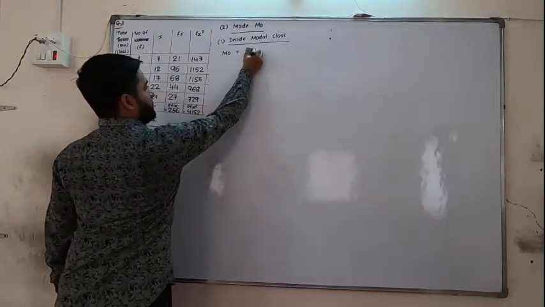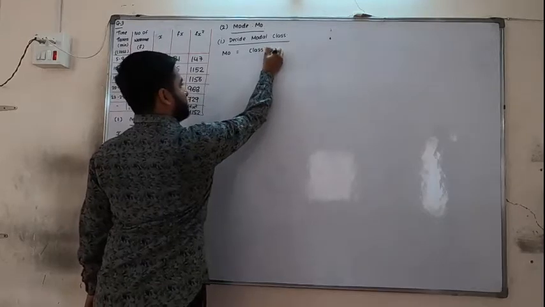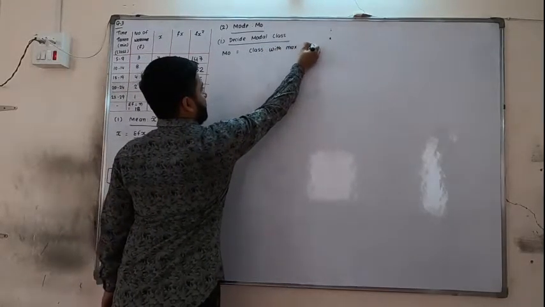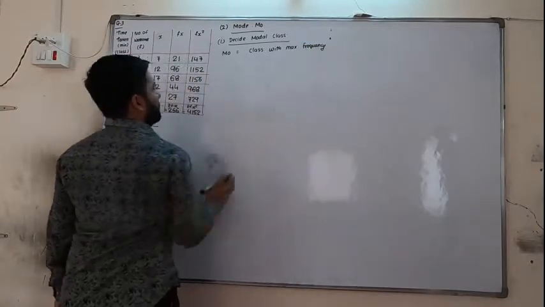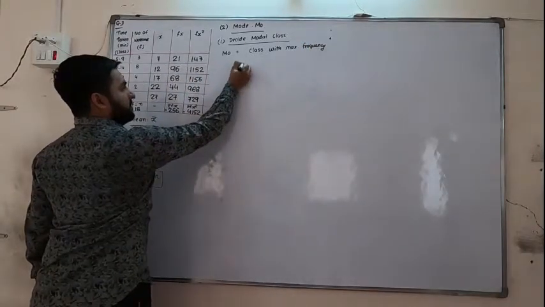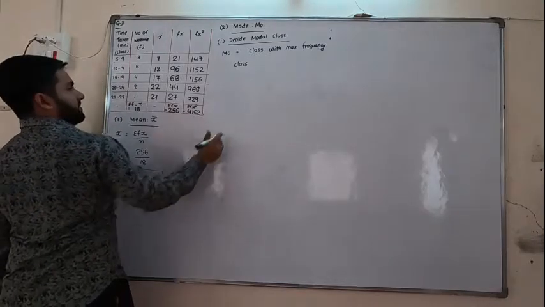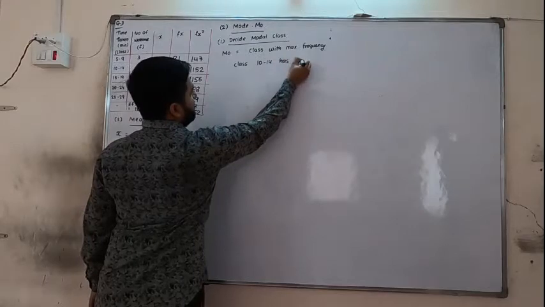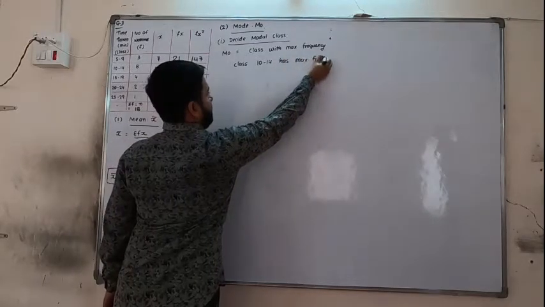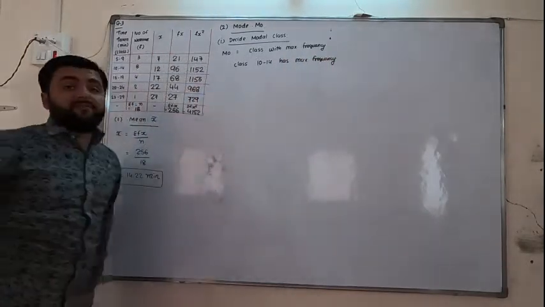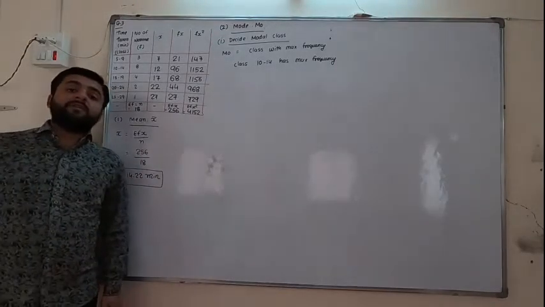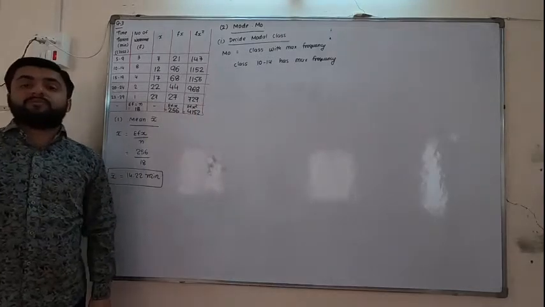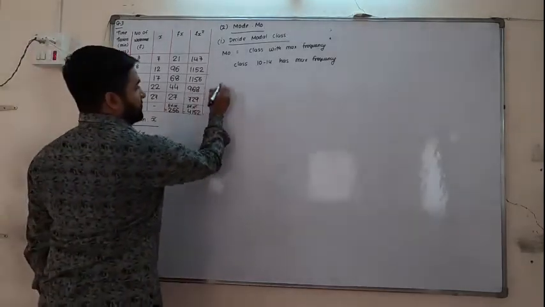Mo is the class with maximum frequency. Class 10 to 14 has maximum frequency. But friends, if you see the formula of mode, we require L. L means lower boundary point, and these classes are inclusive, so we have to convert this inclusive into exclusive.